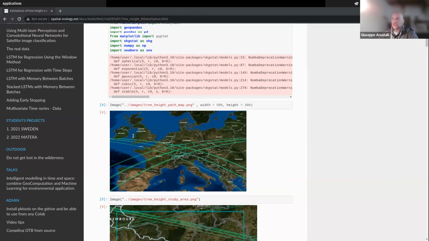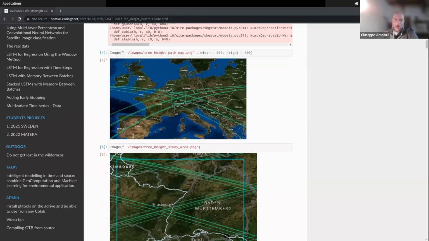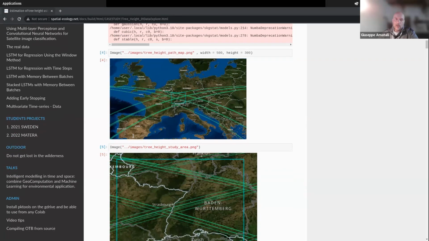Of course, this tree height is not 100% accurate, also because it comes from several algorithms that transform the wavelength back to meters of tree height, and of course there are errors as usual.